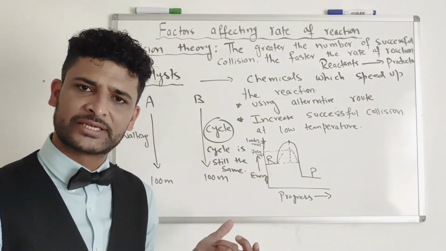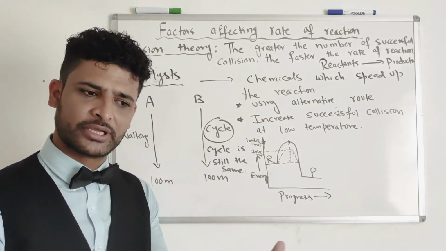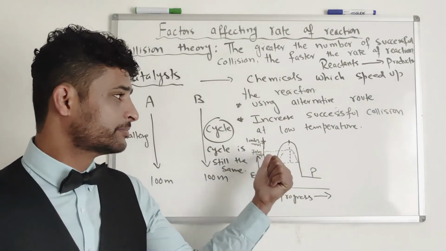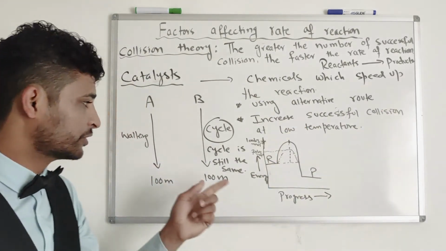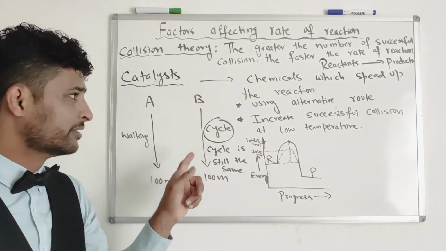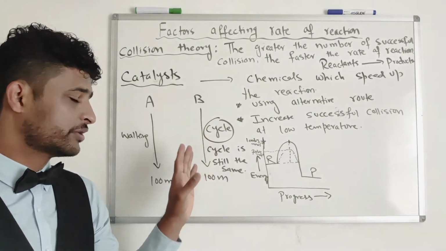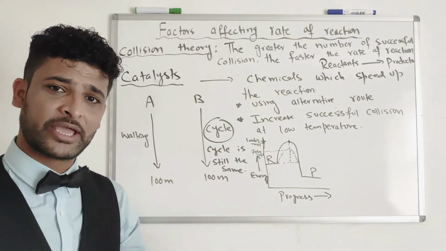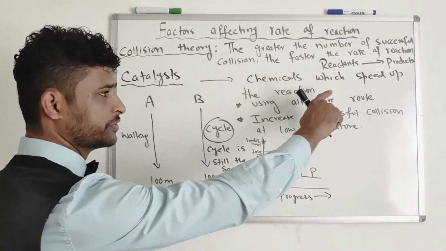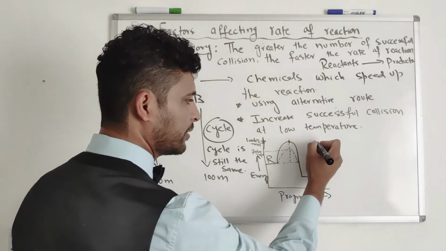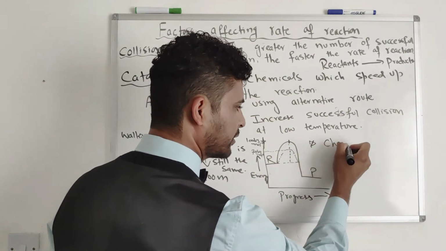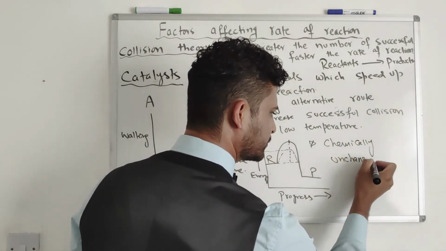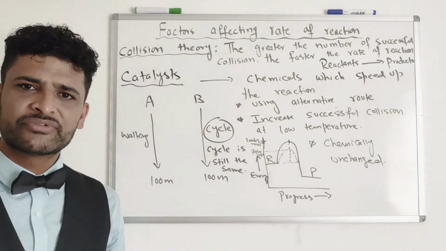The job of the catalyst is to make the reaction happen at a low temperature, and it does it by using an alternative route. So it's just like the job of a cycle going from A to B, or from 1 to 100 meters, and A stays unchanged at the end. So catalysts are chemicals which speed up the chemical reaction, and they are also chemically unchanged. So at the end you will recover it.